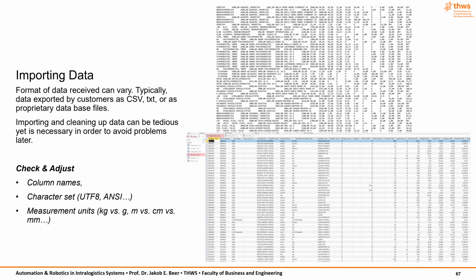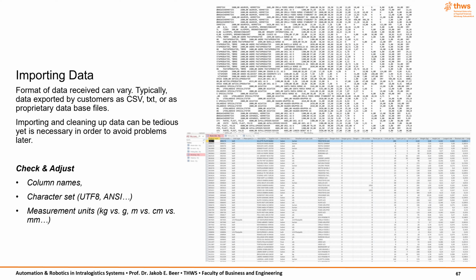The third adjustment you often have to make concerns measurement units. Again, this seems obvious, but it's one of the most common sources of calculation errors. Let's say your customer provides product dimensions in centimeters, but your tool expects millimeters. Or they give you weights in kilograms, while your system works in grams.